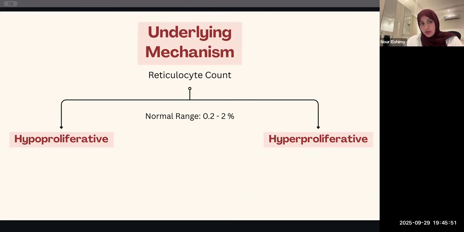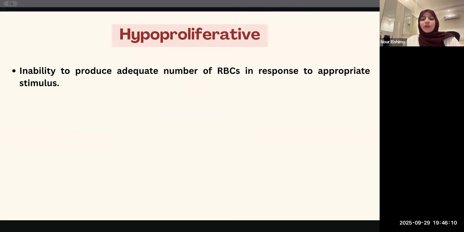Hypo means less, so hypoproliferative would indicate a lower reticulocyte count. More than 2%, it's hyperproliferative. So we have an increased reticulocyte count.